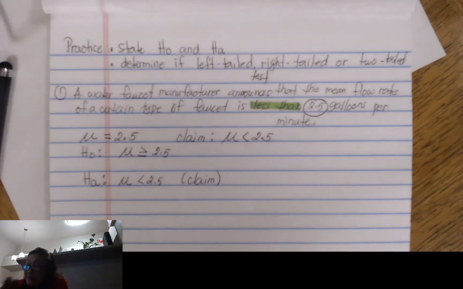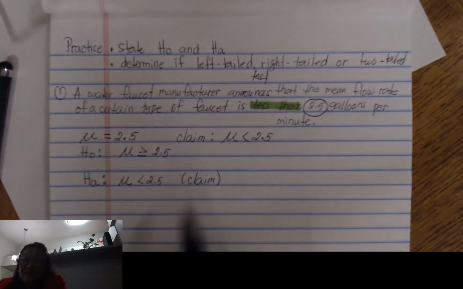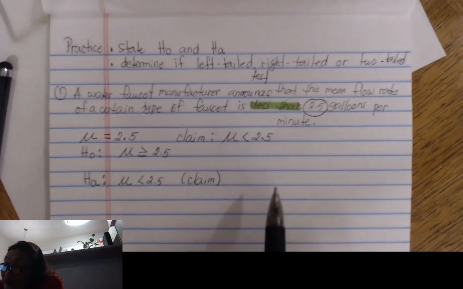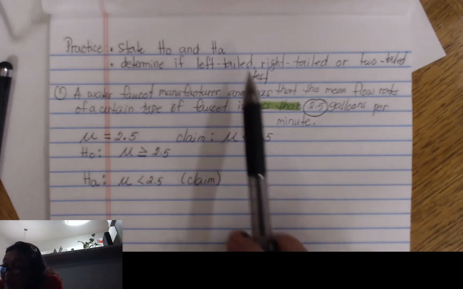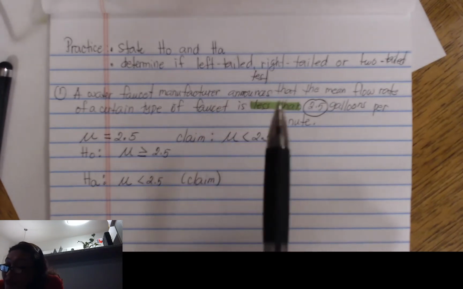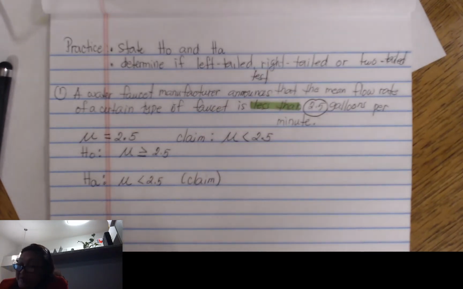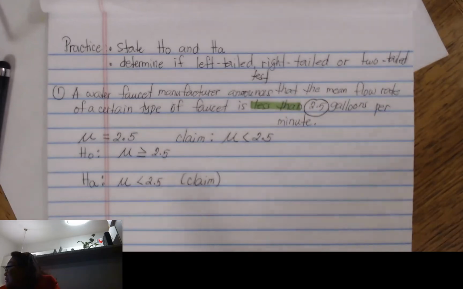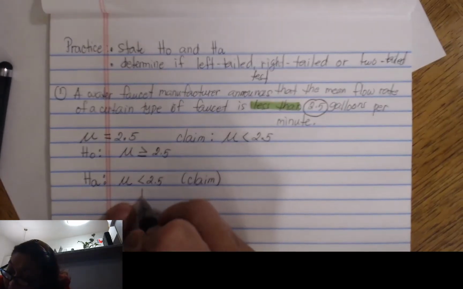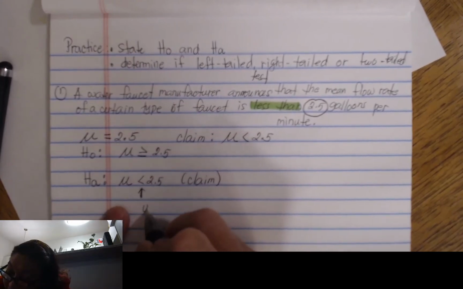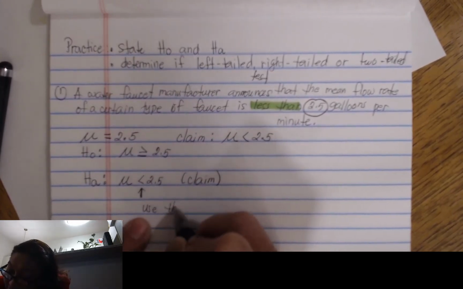The second one: determine if it's left, right, or two-tailed. Remember, to determine this, you have to look at your alternative hypothesis. What is the symbol there?